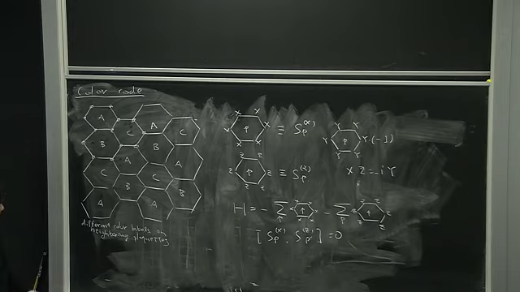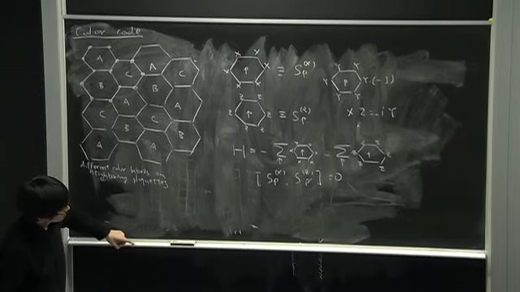Now this looks very similar to the toric code in some sense, but why do we care about such an object?